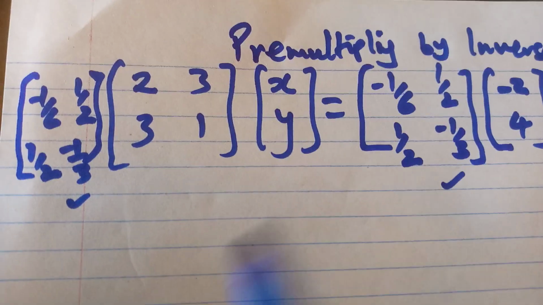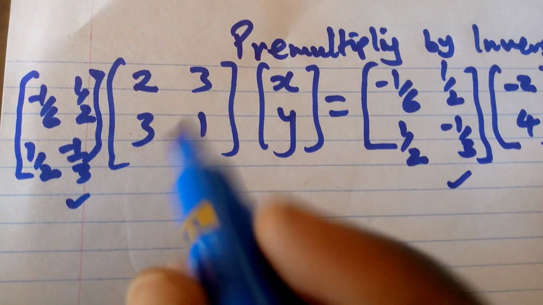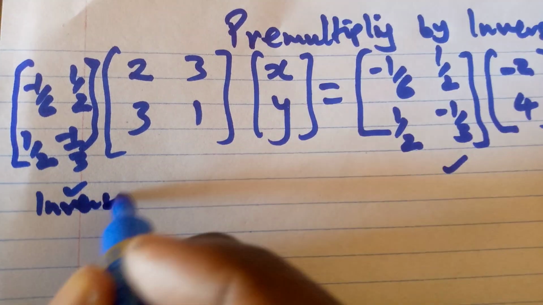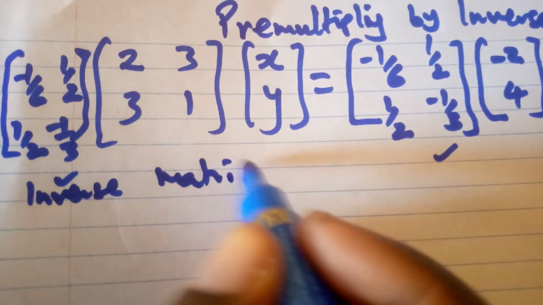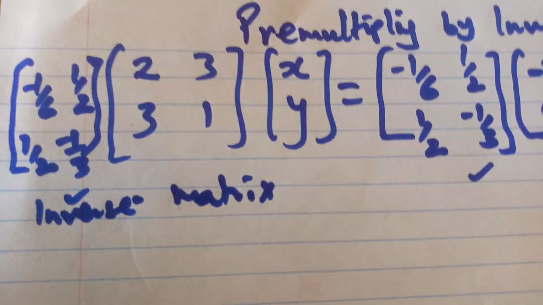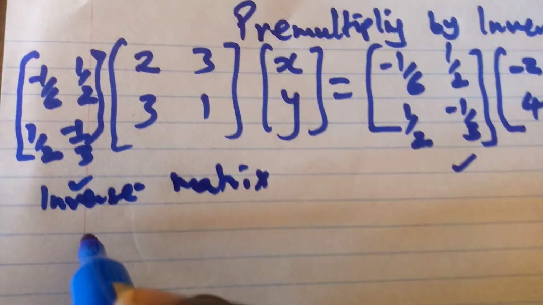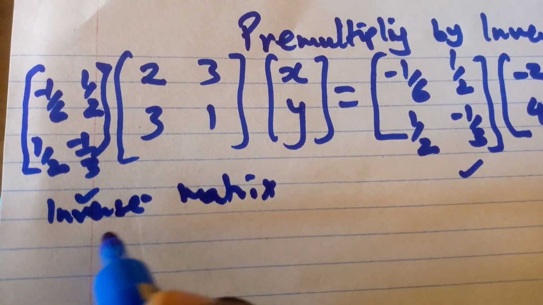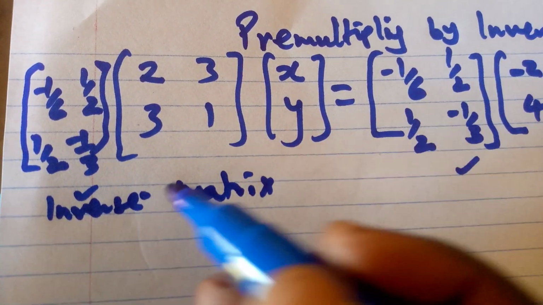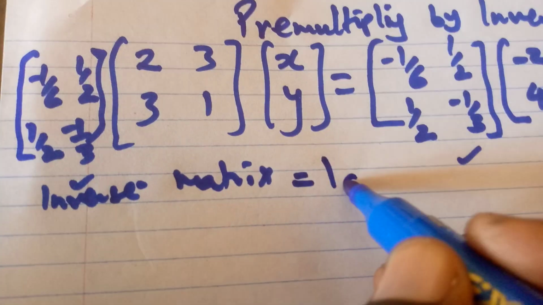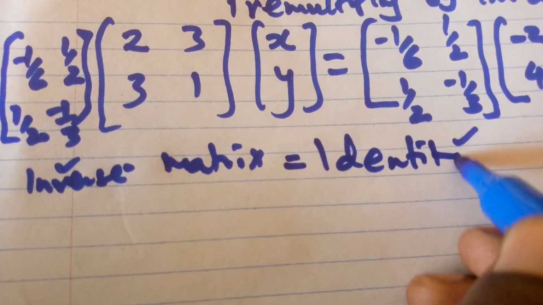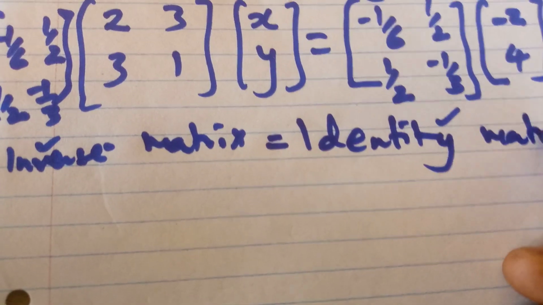So the next step, I want to multiply a matrix. This is my inverse, and this is the matrix. If we multiply an inverse by the matrix, I'm going to have what we call an identity matrix.